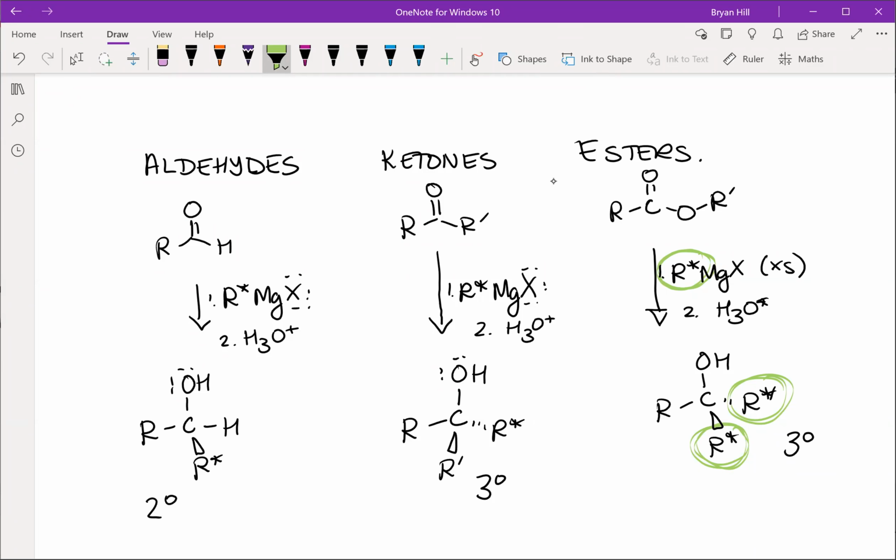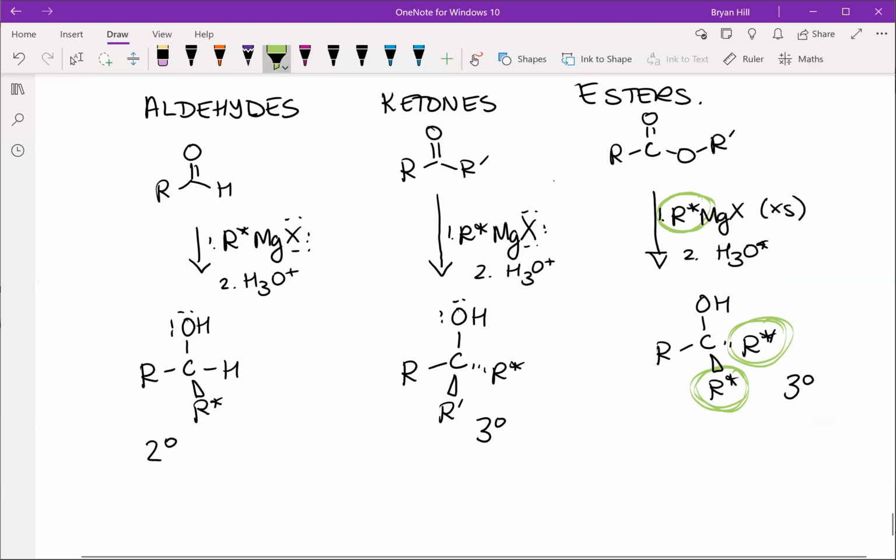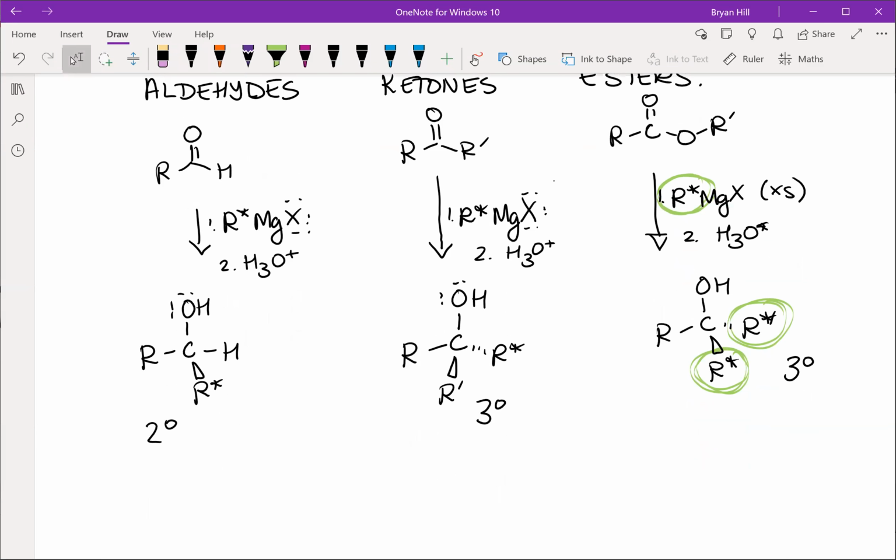I guess I could have put the carboxylic acid here, but we'll talk about that later on in the course. Technically, the addition of a Grignard reagent to a carbonyl is still a reduction, because you're losing a carbon-oxygen bond, going from a double bond to a single bond.